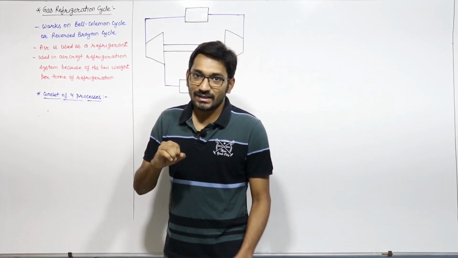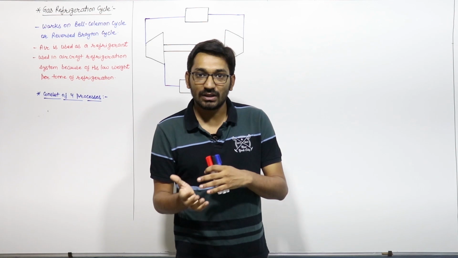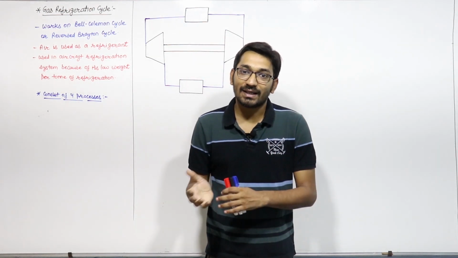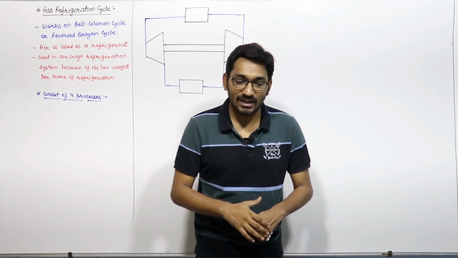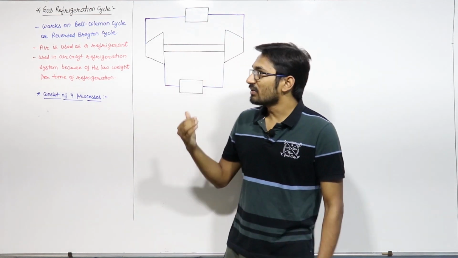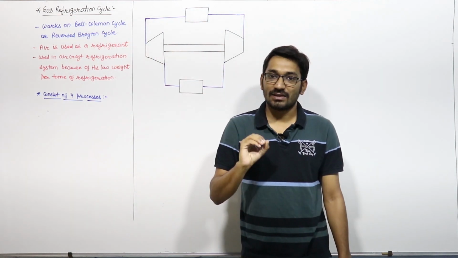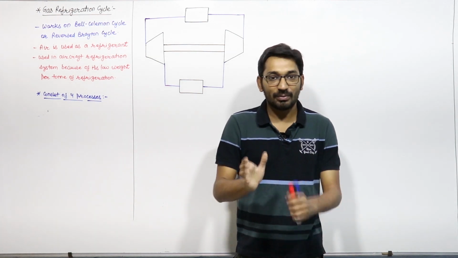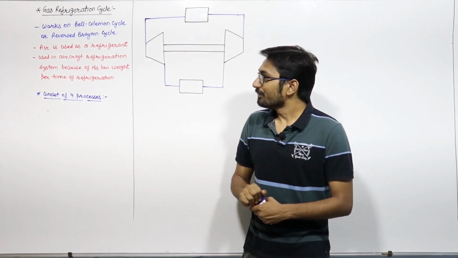The Brayton cycle we will study in the power plant subject, for the use of gas turbines. The gas turbines work on the cycle known as the Brayton cycle, and if I reverse that cycle, then it is known as the reversed Brayton cycle for the gas refrigeration system, right? So the Brayton cycle we will discuss in the power plant, right?